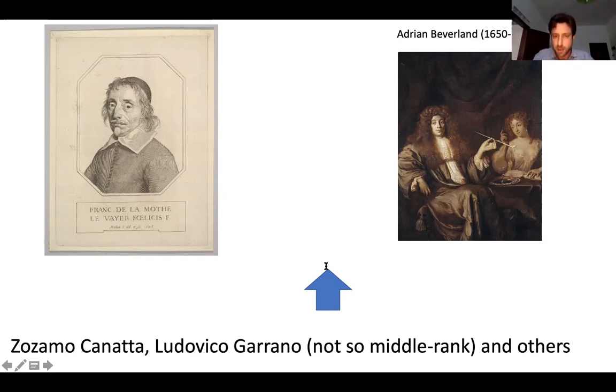But anyway, from this middle rank and popular environments, as you call them, to people like La Mothe Le Vayer and Beverland, so the top players of libertinage érudit. Of course, this would take a much wider space than just a paper, but I think it would be a very rewarding task.